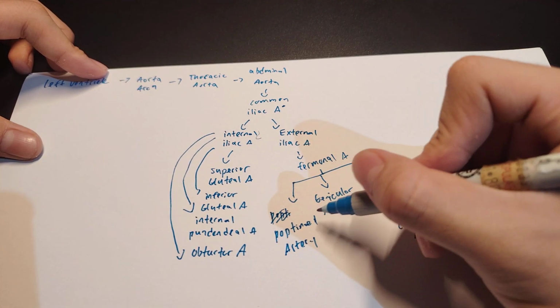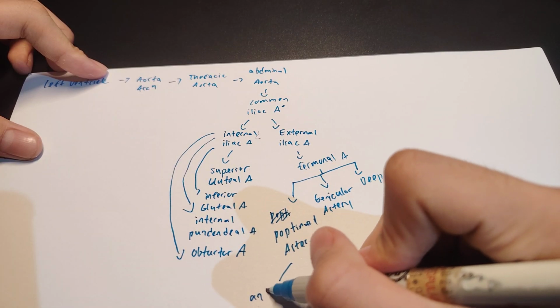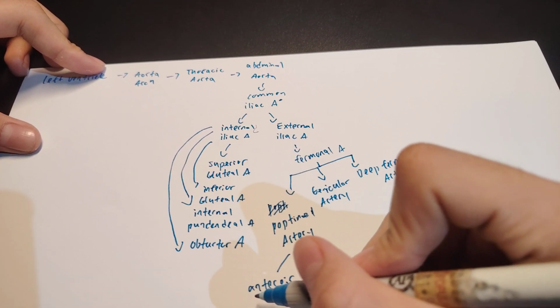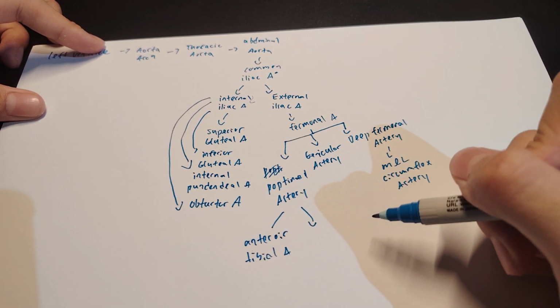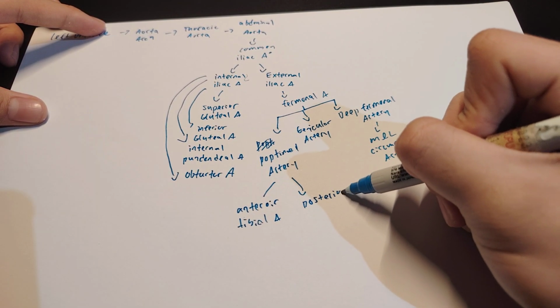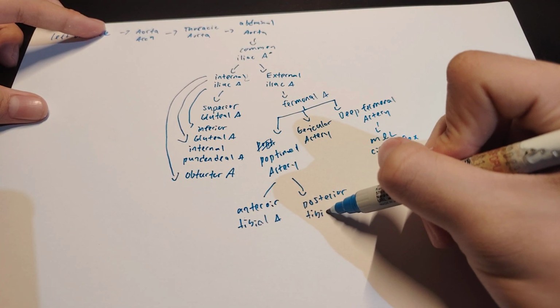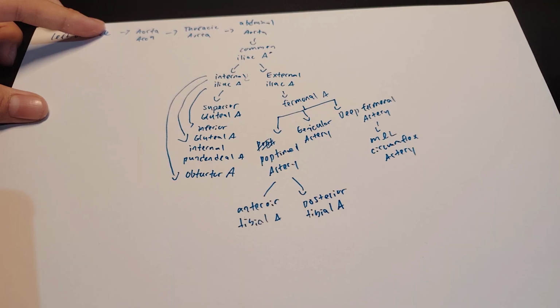The popliteal artery is then going to split into these two structures called the anterior tibial artery, and another one would be the posterior tibial artery. Okay, there we go.